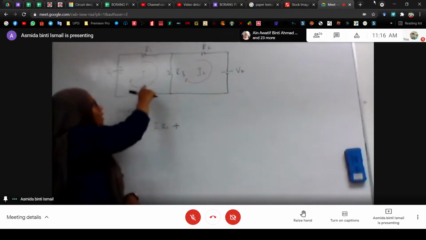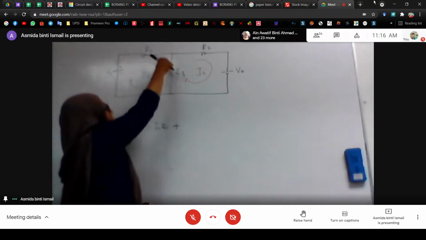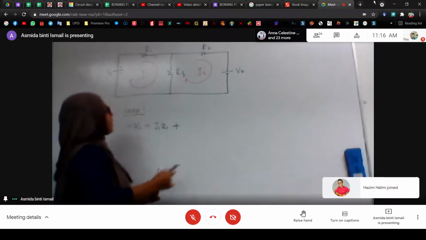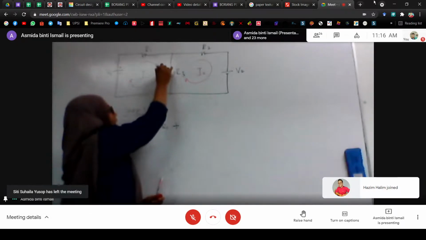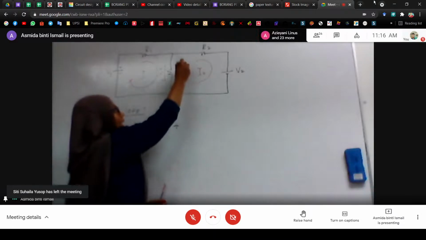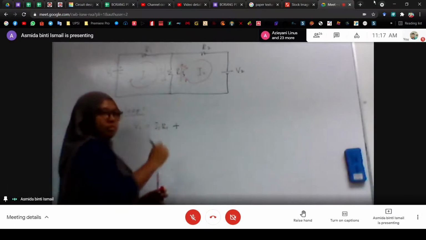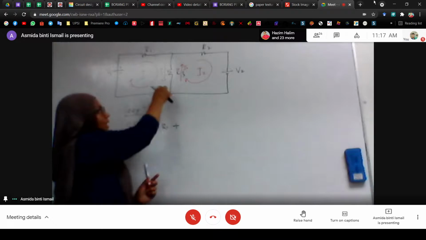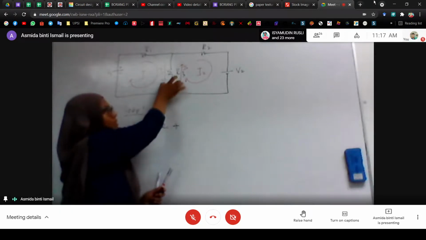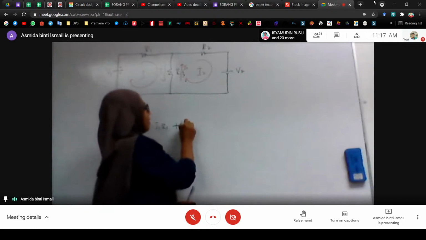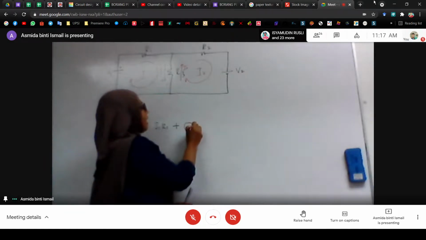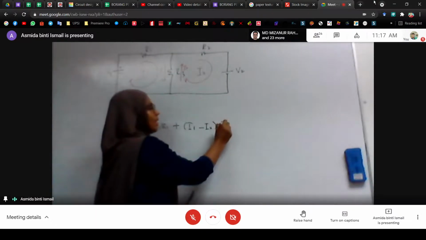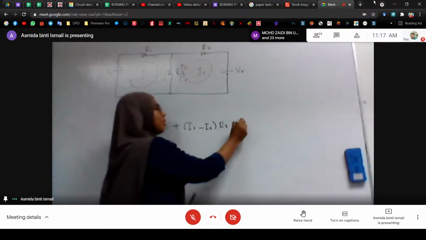You see that I1 flows through here and I2 flows through here. So this is I1, and this is I2. For this voltage, you need to write I1 minus I2 times R3 equal to.